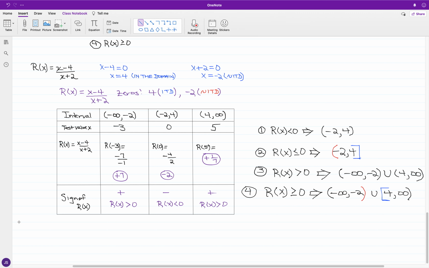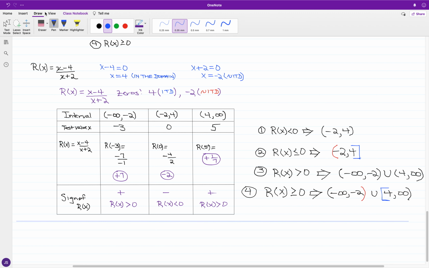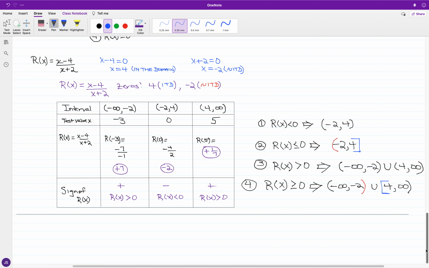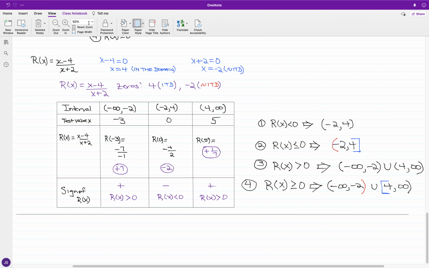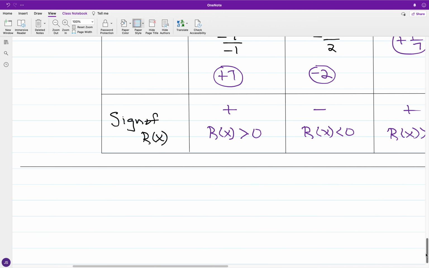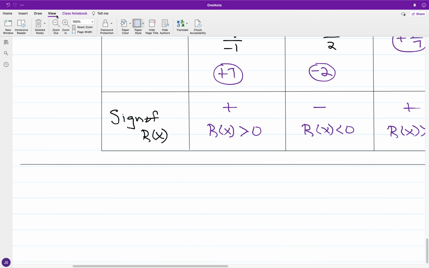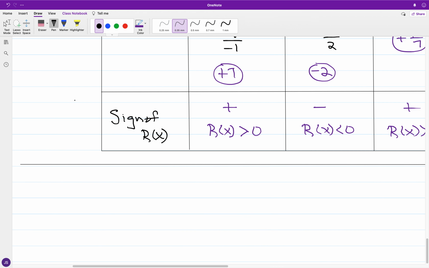I'll give you a case of a comparison inequality, where we don't have a comparison to 0, but instead a comparison between rational expressions.